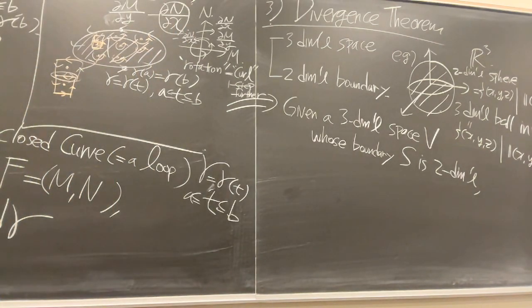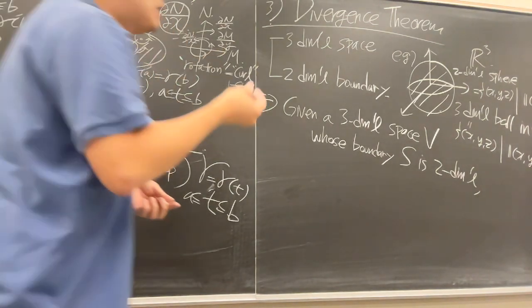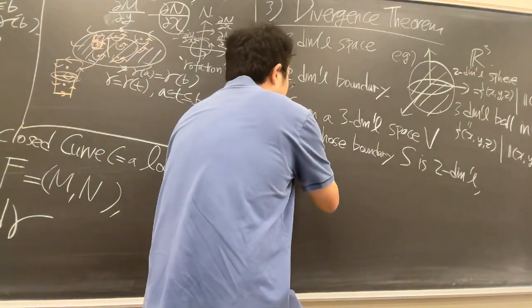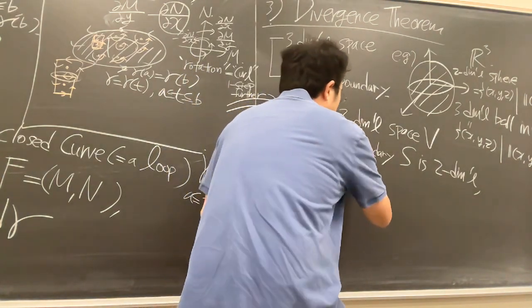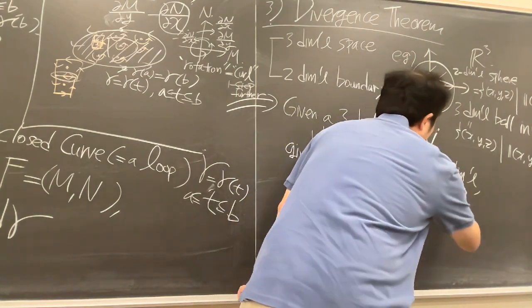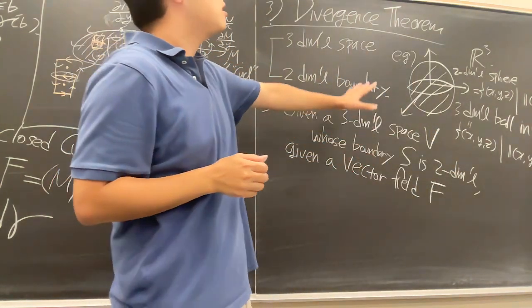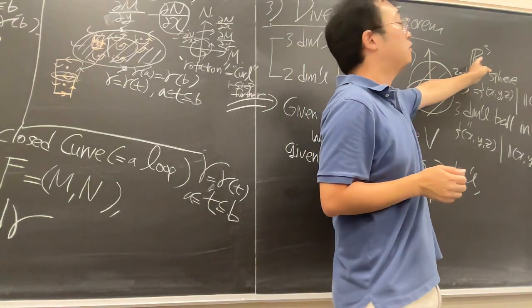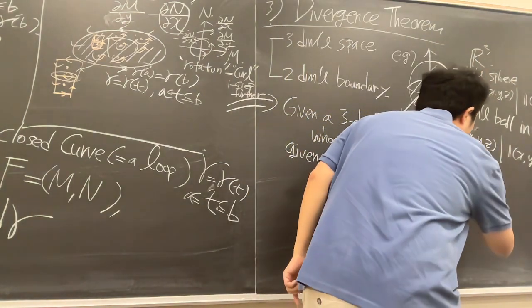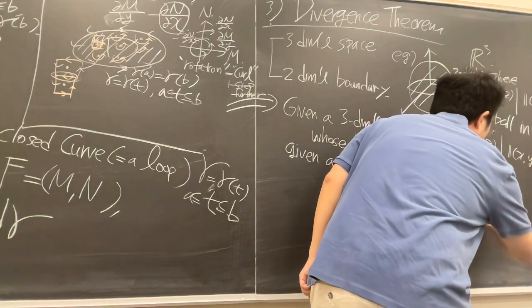In terms of the computation on the quiz today, it's very easy, but let me still give a general statement. Also, given a vector field F, but now it consists of three components, in a way that we'd like to draw the vector field in R3. Let me denote this by F1, F2, F3.